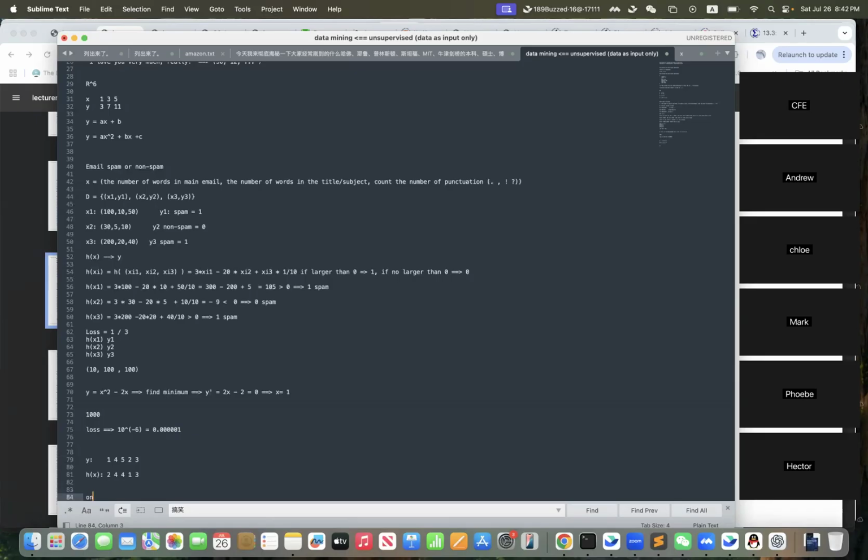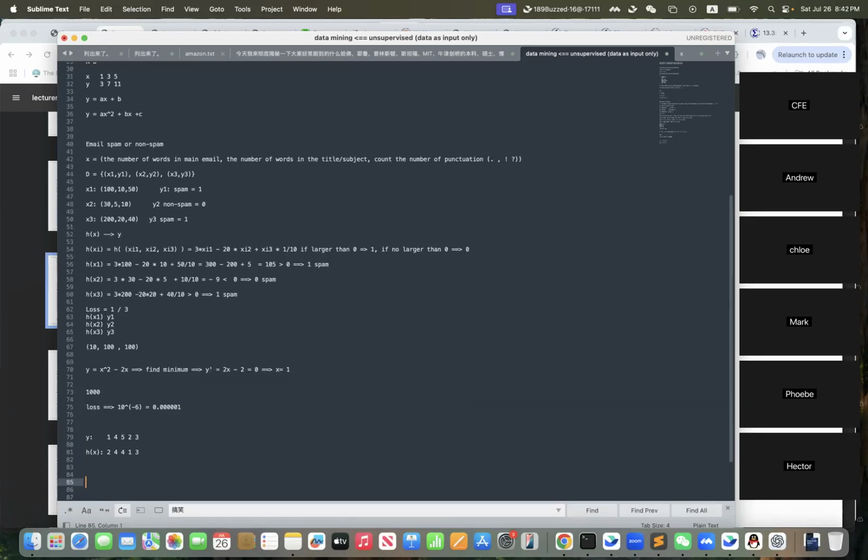If we are using zero-one loss, can someone calculate the zero-one loss in this example? Mm, this is quite challenging. Maybe Mark, can you give a way, you don't need to calculate it exactly, but give a way on how to calculate zero-one loss in this example. Mark, can you calculate the zero-one loss in this example?